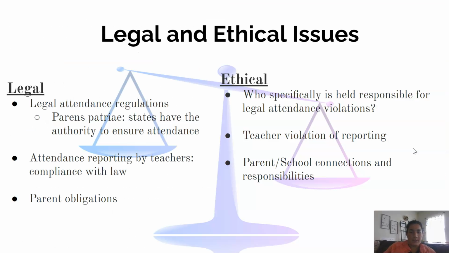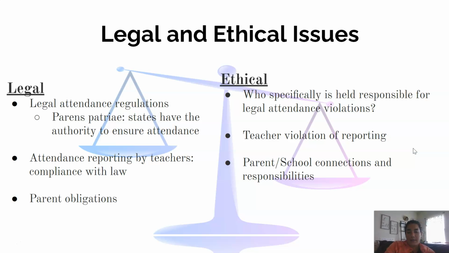So we do see some obvious legal and ethical issues here. The first blaring, evident legal issue is that there are legal requirements for attendance. There are state and federal obligations for kids to be at school. So we have this understanding that the states have the authority to ensure that kids are going to school.